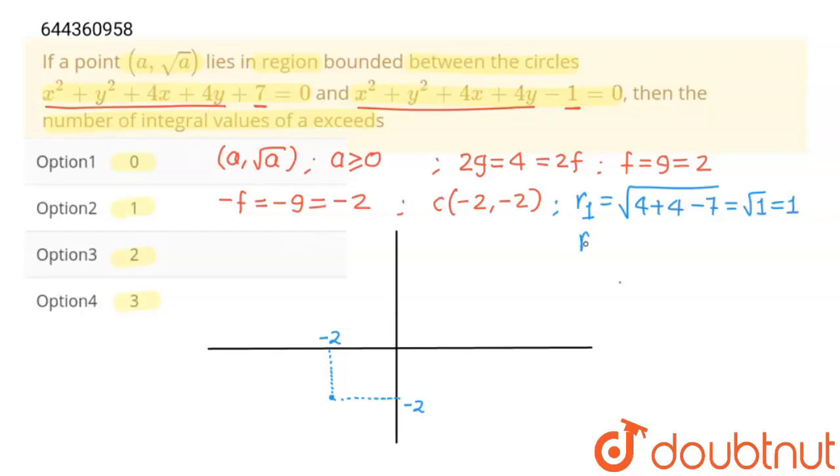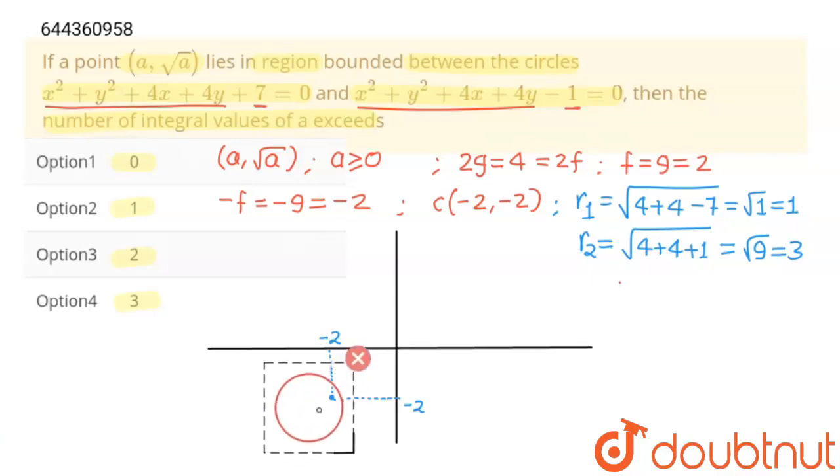Now the second radius is square root of 4 plus 4 minus 1, which will become plus 1, so square root 9, which is equal to 3. So the radius of this circle is 3 and the radius of this circle is 1, which means that this circle is the smaller one.